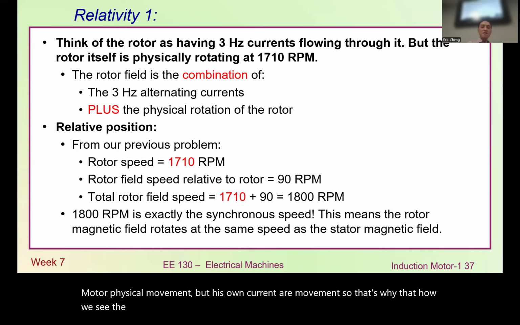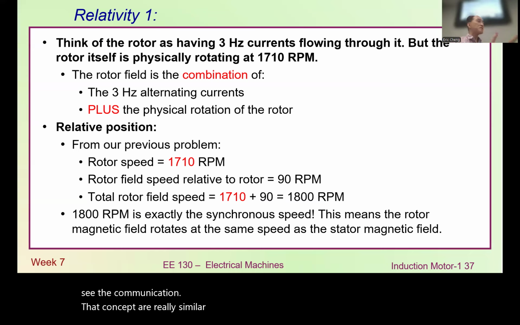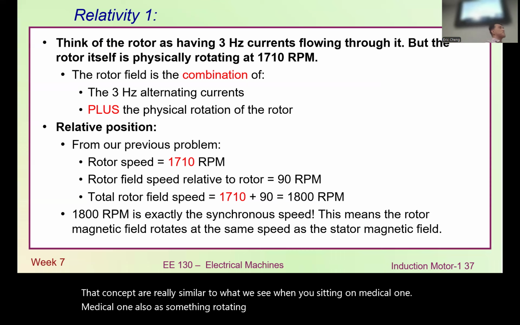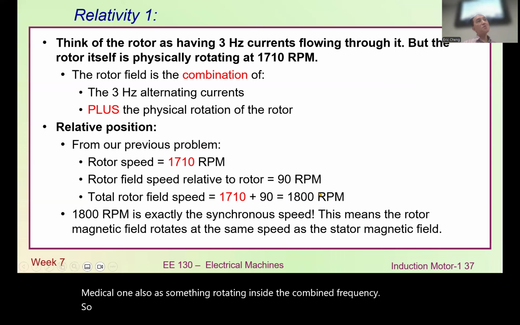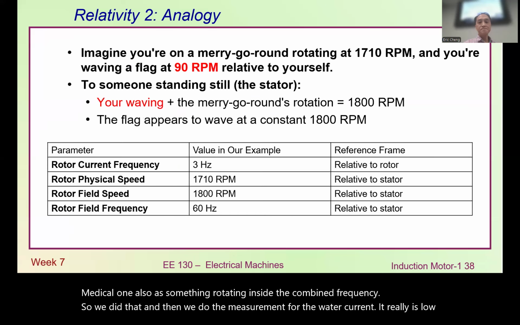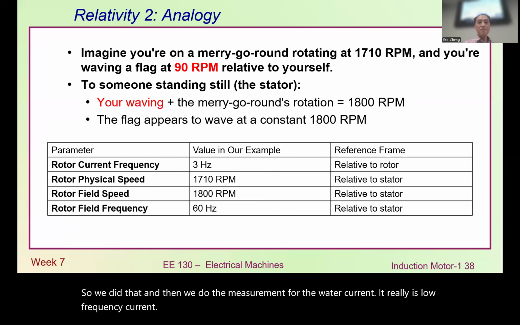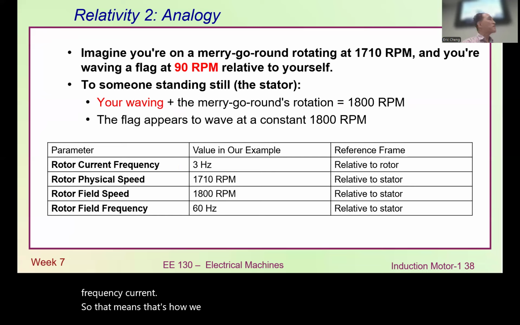That concept is really similar to sitting on a merry-go-round, which also has something rotating inside, giving a combined frequency. We did that, and then we measured the rotor current, and it really is a low frequency current. That's how we understand it using the merry-go-round principle.